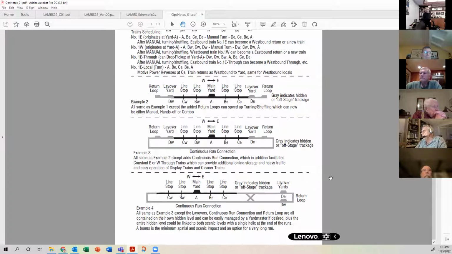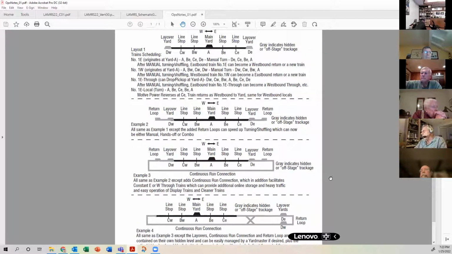So to my mind, the ideal staging would either allow through trains or manual shuffling. And everything in between.